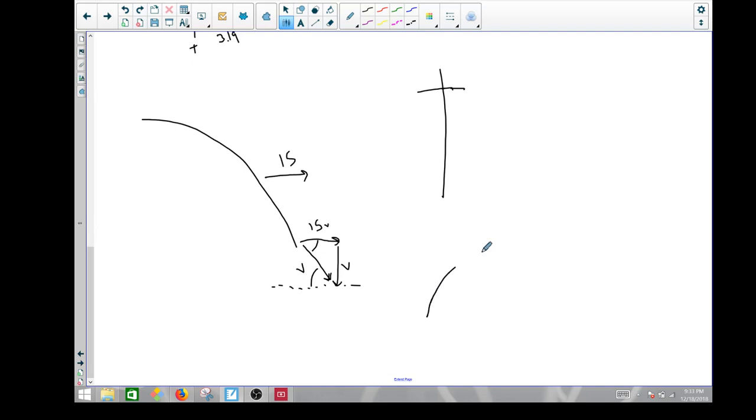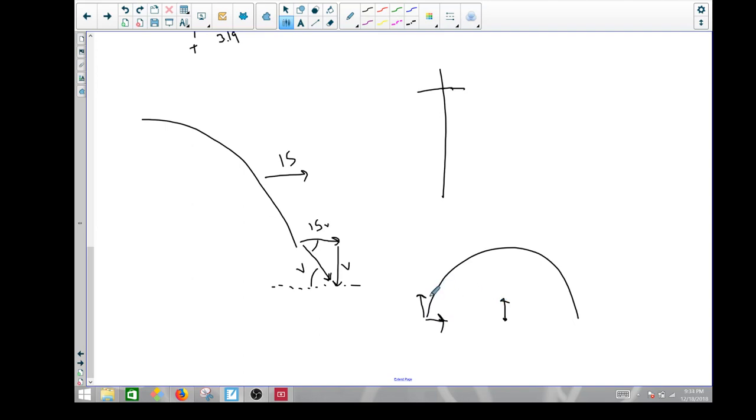Let's say I throw something at an angle like this. And if I throw a ball with the same upward velocity, no matter what I do horizontally, it doesn't matter. If I throw a ball in the middle here, I throw them both up with the same upward vector, then regardless of what's going on horizontally, these two balls will take the same path upwards.